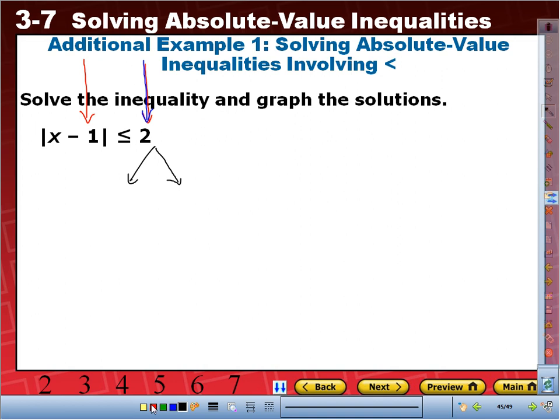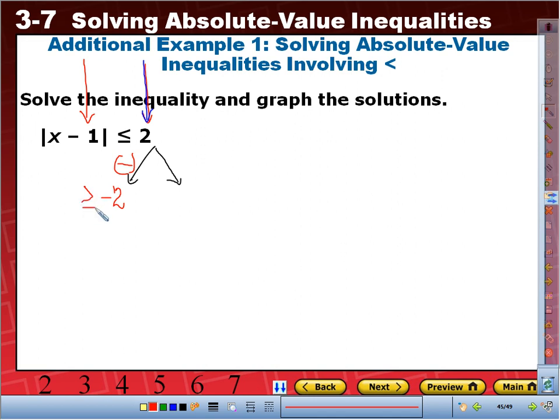Here we go. Pay attention to this step, because this is key. If you don't get this step, you're probably going to get the rest of it incorrect. Everybody, eyes on the screen. We know that this one will be our negative. So if this is a positive 2, that means I need to multiply times this negative to make it a negative 2. However, if I multiply times the negative when there's an inequality, what happens to the symbol?